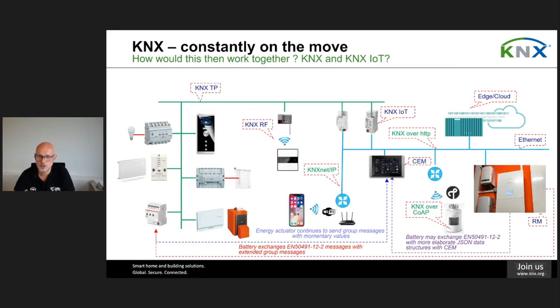Okay, how could the communication now work? The communication could, of course, when some energy actuator wants to communicate momentary values, it can continue to do so in the short group messages in 14 bytes, like the devices exist today.